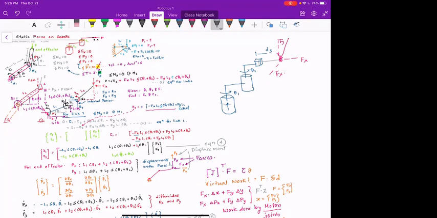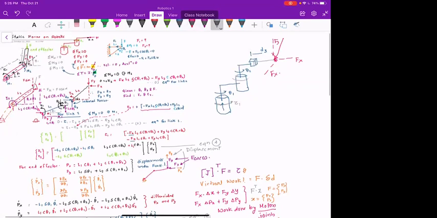I want to find out the values of tau 1, the values of tau 2, and perhaps the joint force, which is F3. Rather than setting up the three-dimensional equations, finding out summation of forces at each joint is equal to 0 in 3 dimensions, you can directly go for this.